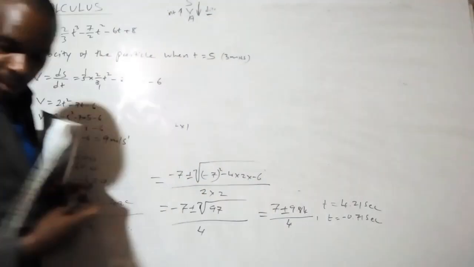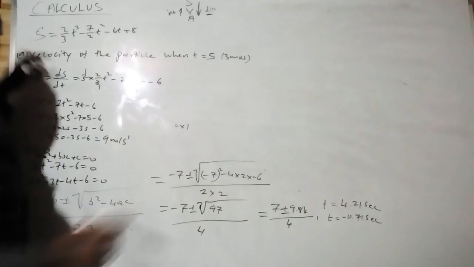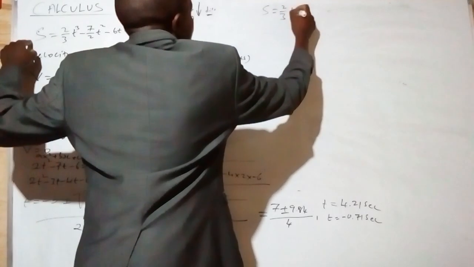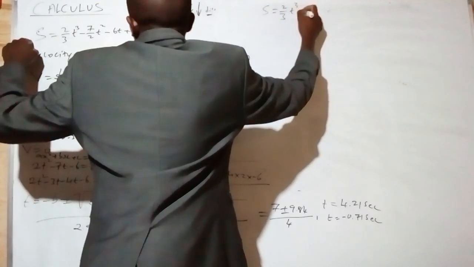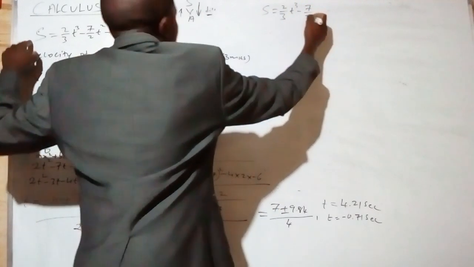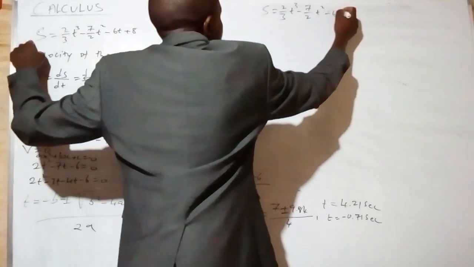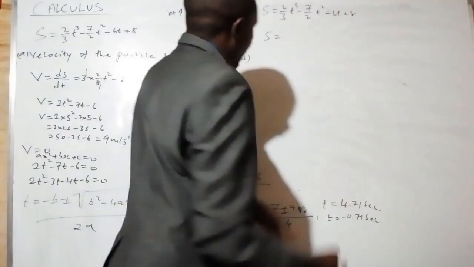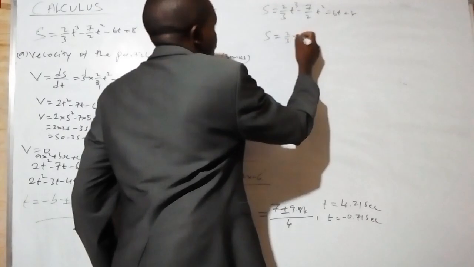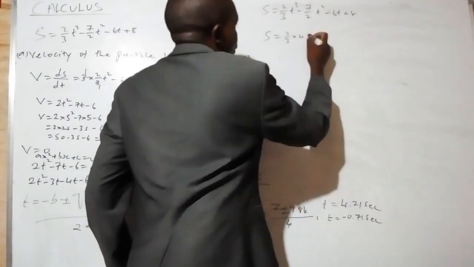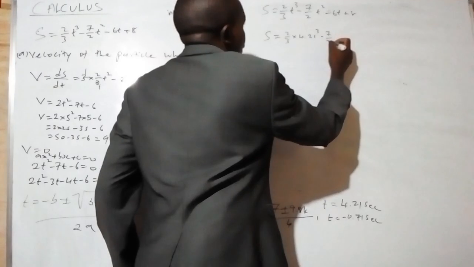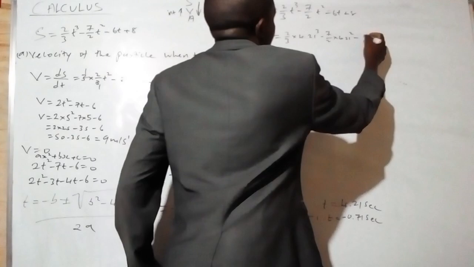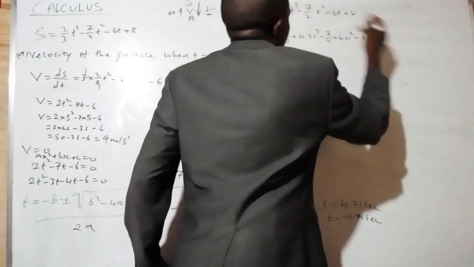And say that s is equal to 2 over 3 t cubed minus 7 over 2 t squared minus 6t plus 8. S will be, we can take the positive one, 2 over 3 times 4.21 cubed minus 7 over 2 times 4.21 squared minus 6 times 4.21 plus 8.